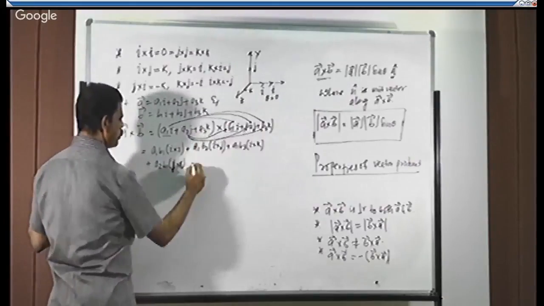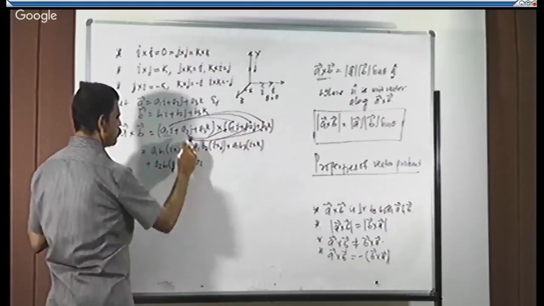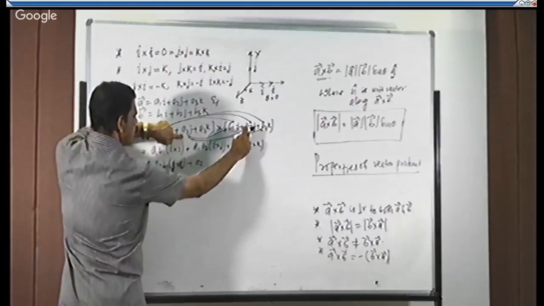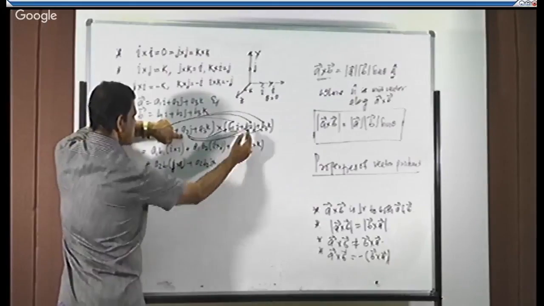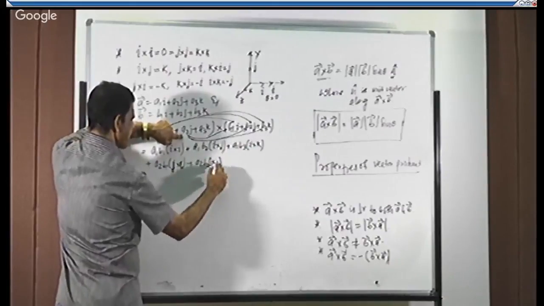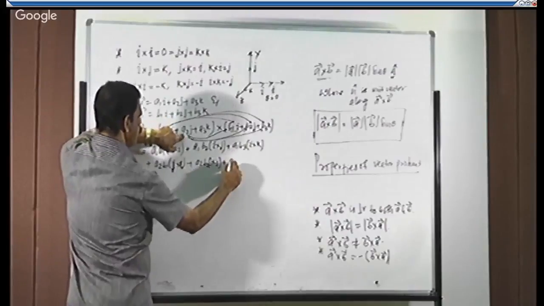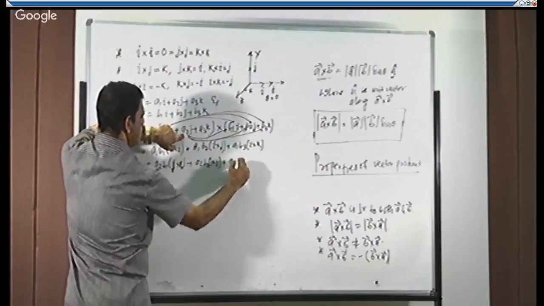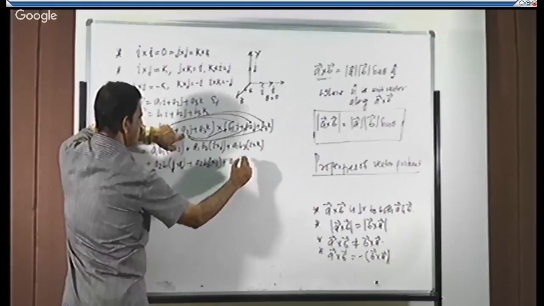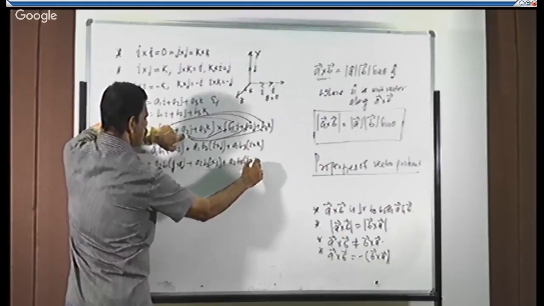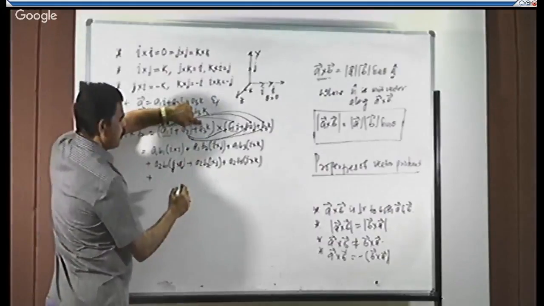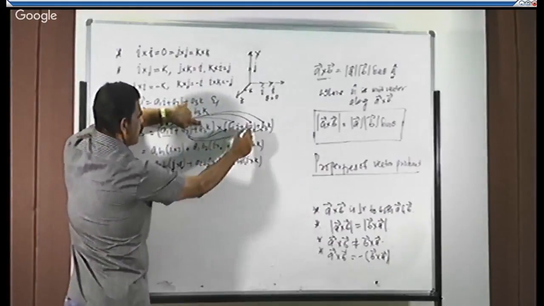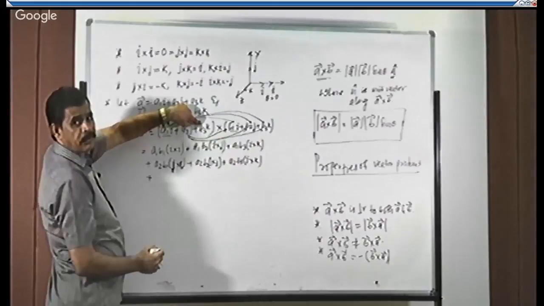plus A2 B2 into J cross J, plus A2 B3 into J cross K, plus the third term multiplied with all three terms in the next bracket.